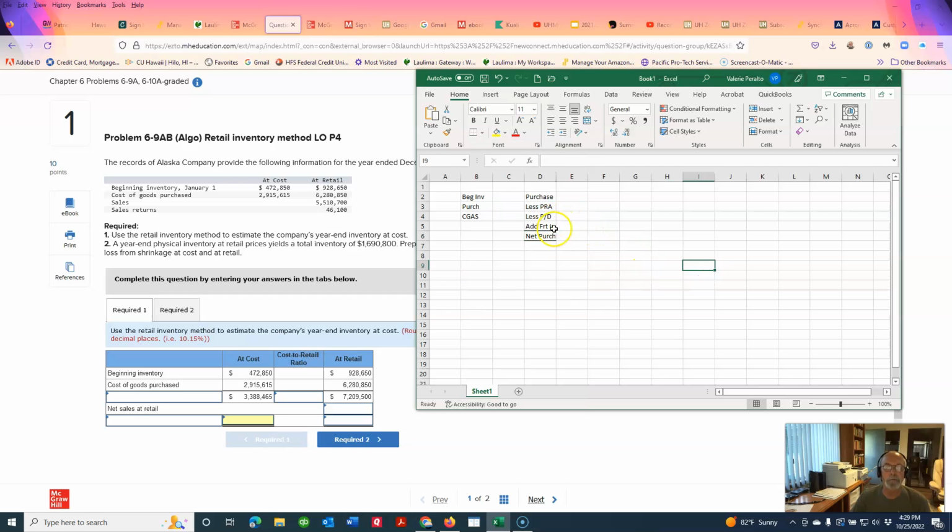So when we go back to our original equation, what we have here is net purchases, calculated by taking purchases, subtracting purchase returns and allowances, subtracting purchase discounts, and adding freight or transportation in.